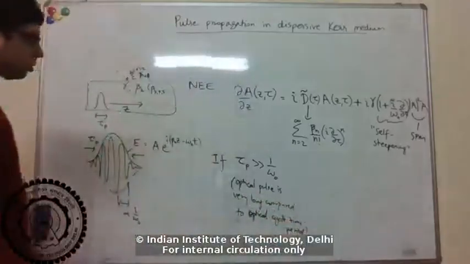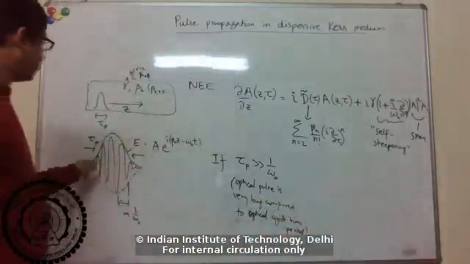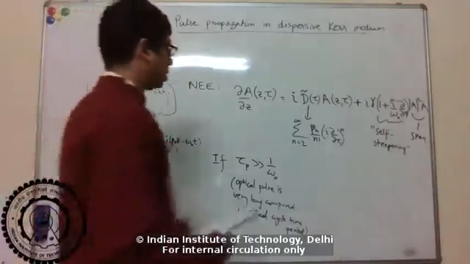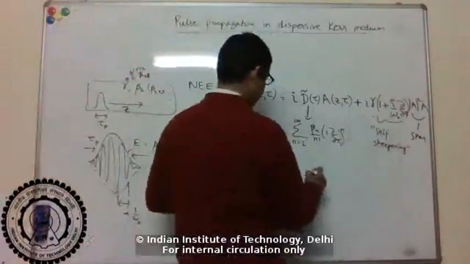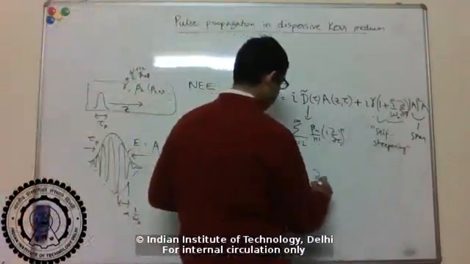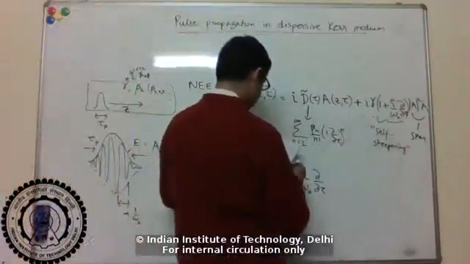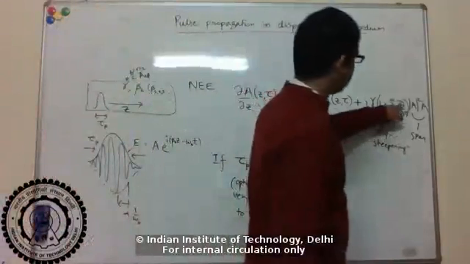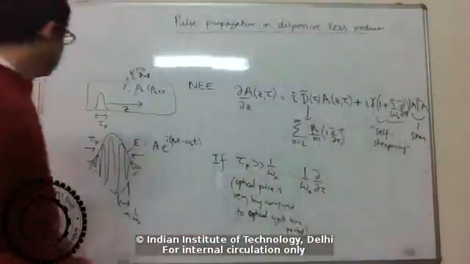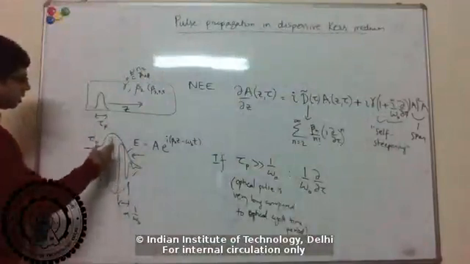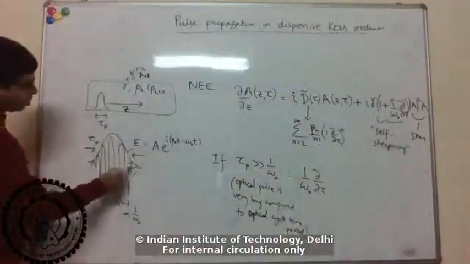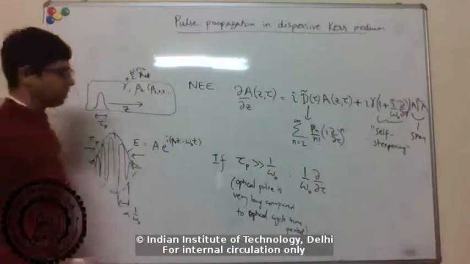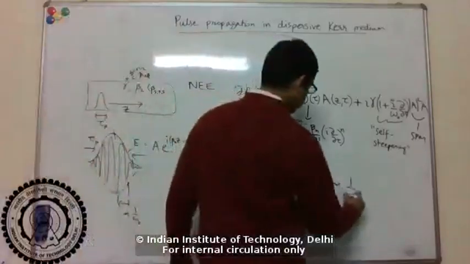If your pulse is very long, which means it contains many oscillations, typically let's say hundreds to thousands of oscillations, then this term 1 over omega naught d over d tau, you can see that d over d tau is sort of the slope, and that will go as 1 over tau.